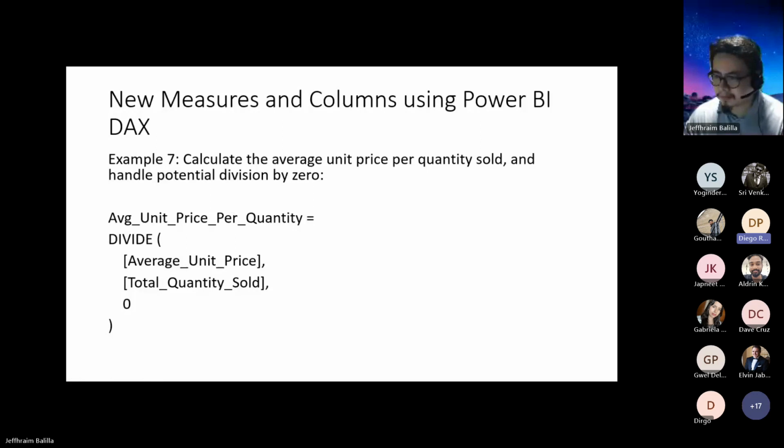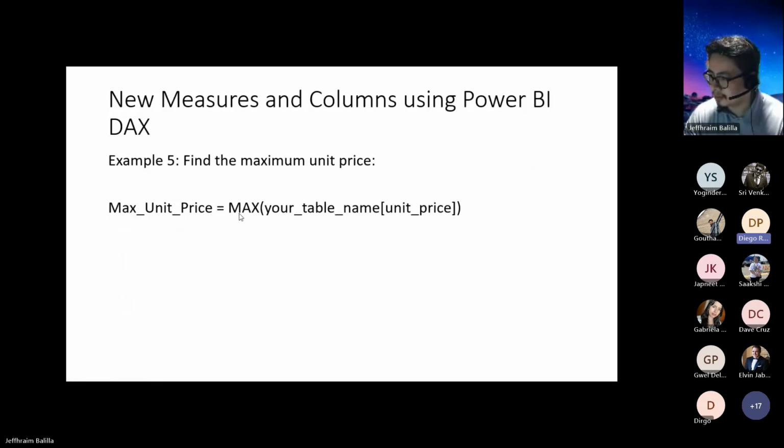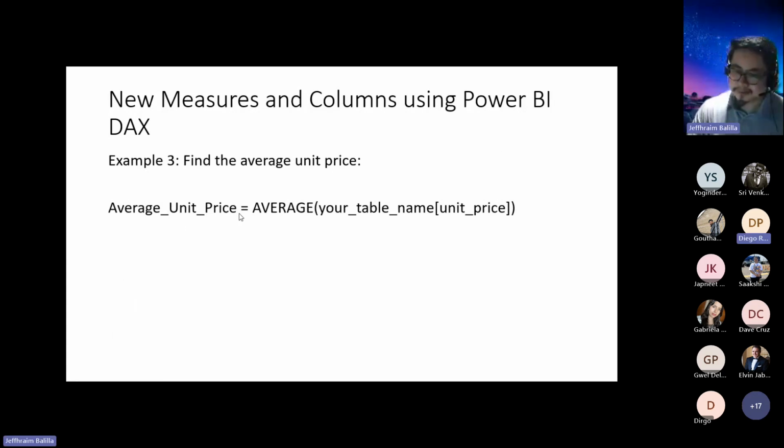The average unit price, that was a calculation that we made in the previous class, right? Yeah, exactly. Basically they are asking us to calculate a new number and then do the division between those two.